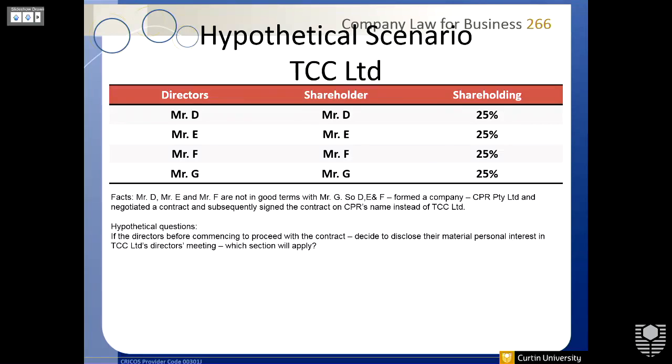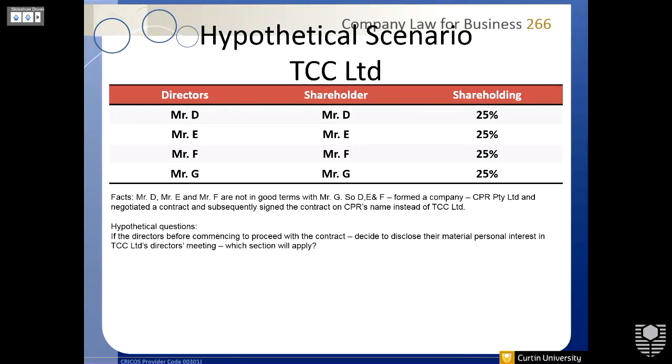So they have a quarter of the shares of the company. Now the facts are Mr. D, E, and F are not on good terms with Mr. G. So D, E, and F formed a company called CPR Proprietary Limited and negotiated a contract and subsequently signed the contract in CPR's name instead of TCC Limited.